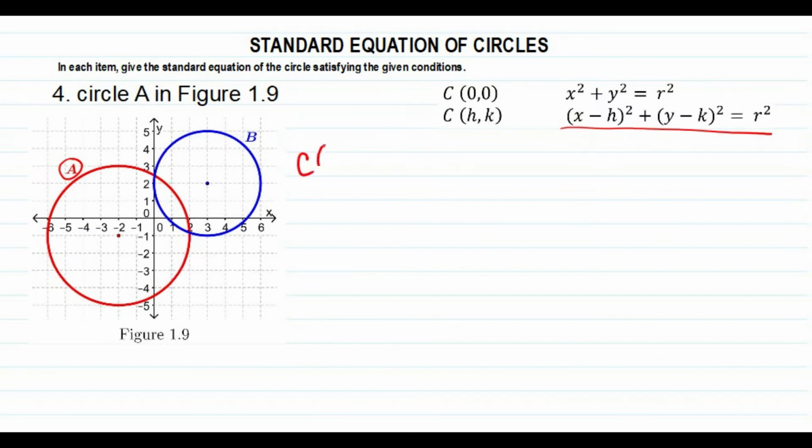Our center is at, unahin natin yung x kasi this is the x, this is the y axis. So, ang x natin is at negative 2. And our y, ito yung negative 2. Then dito, then ito yung center niya. Since ito yung circle, our y is at negative 1. I hope marunong kayo niyan, ha?